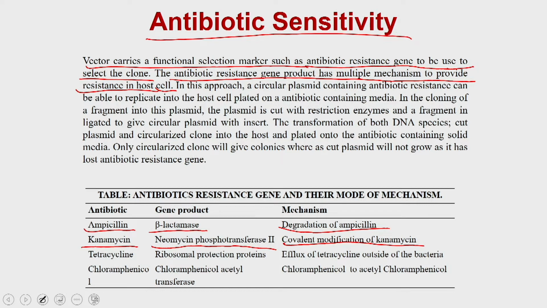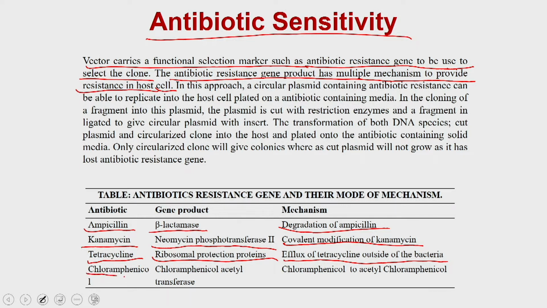Once it is phosphorylated, the kanamycin will not perform its antimicrobial activity. Similarly, you have the tetracycline. The tetracycline resistance gene is going to produce several ribosomal protection proteins, and that contributes to the efflux of tetracycline, which means it is going to throw the tetracycline out of the bacteria, and that is how the tetracycline level is going to be very low in the bacteria, and that is how the bacteria acquire resistance against the tetracycline.